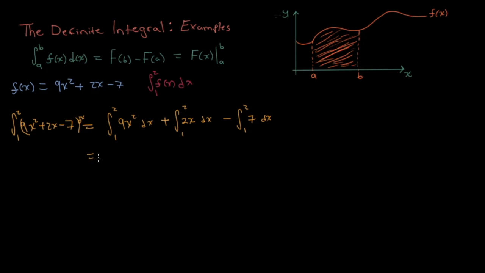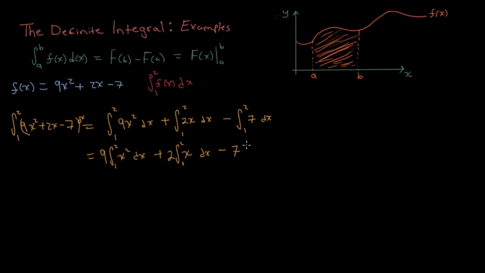Now, one of the nice properties about the integral is that we can take the coefficient out of the expression. So we can take this 9, because it's a constant, we can take any constant out, 9 times the integral from 1 to 2 of x squared dx, plus we take this 2 out of the integrand, 2 times the integral from 1 to 2 of dx, and we can even take this 7 out as well.